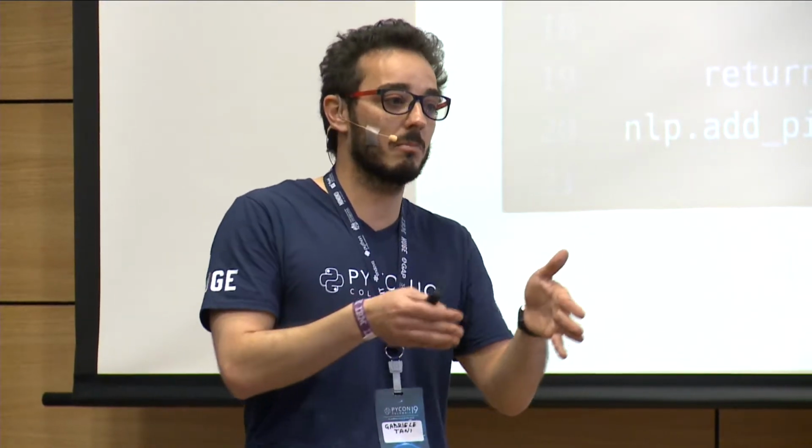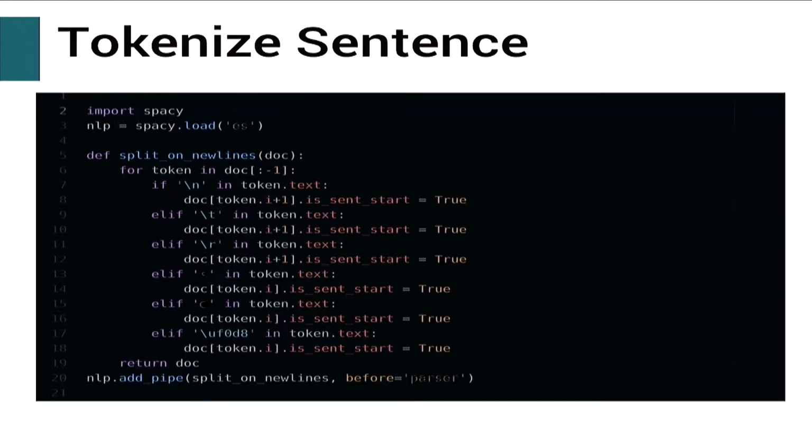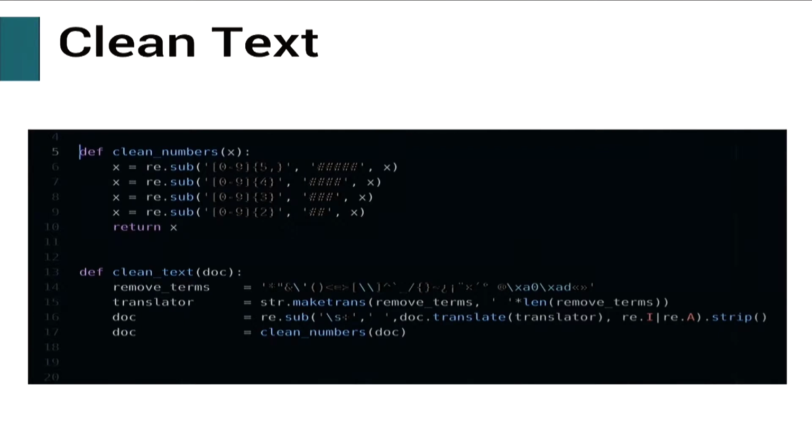For example, in our case, a lot of people copy and paste from a CV to our platform, and we have a lot of bullet points that we somehow have to tokenize to split sentences. With spaCy, this is super, super easy. You just preload the model, in this case the Spanish model, and you can add whatever pipeline you want before or after the processing of the data.